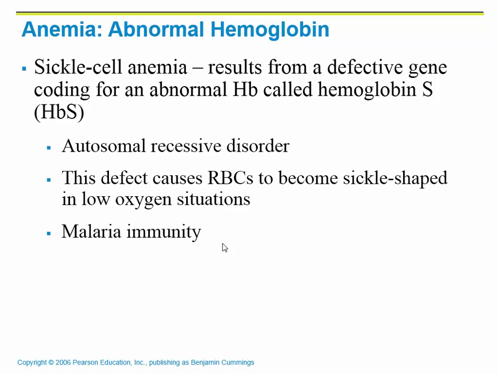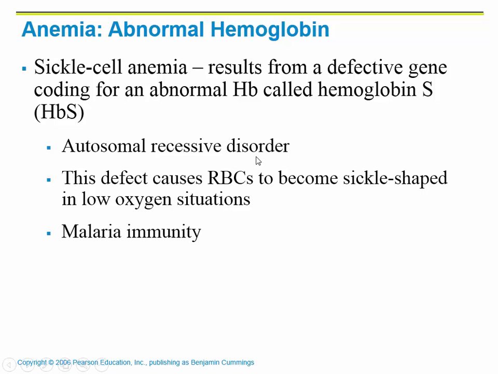Now, sickle cell anemia is a specific type of anemia that results from a gene that causes an abnormal shape in the erythrocyte itself.